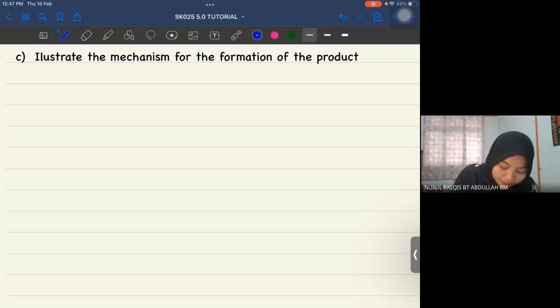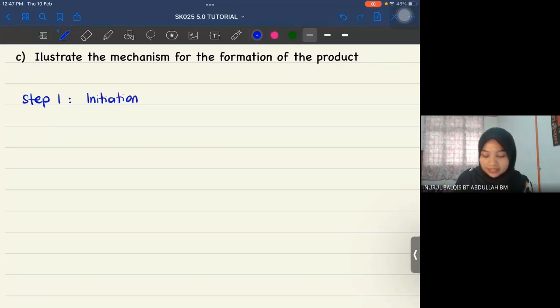Sebab untuk any other mechanism tak perlu emphasize step number 1 nama apa. Okay, as for step number 1, what is it called? Initiation. So initiation is where you want to form a radical. So your radical will start using what? Your propane or your bromine?